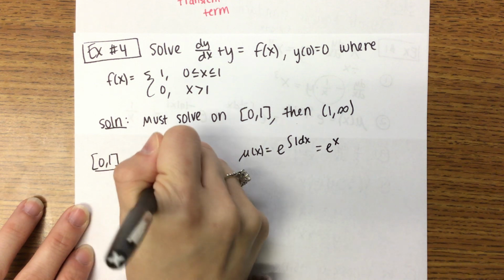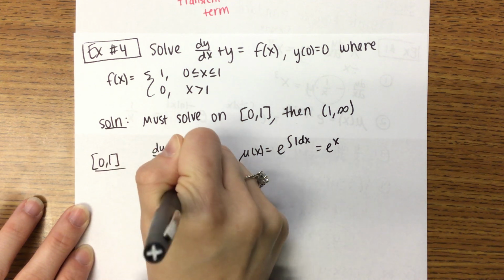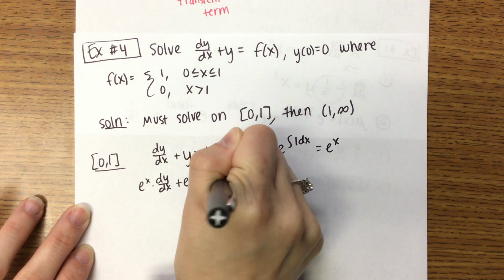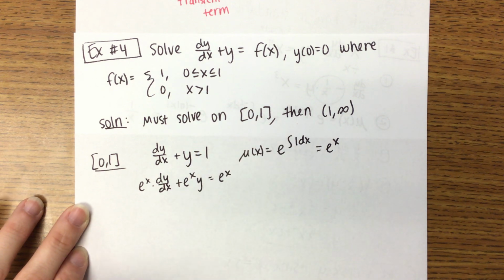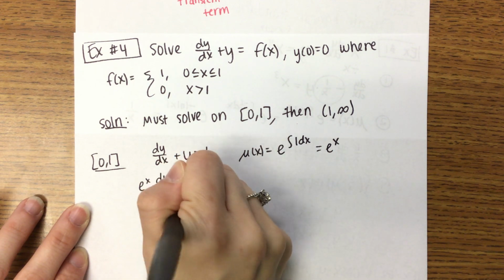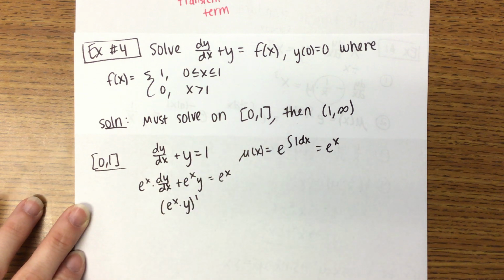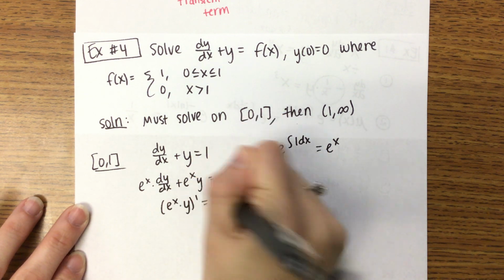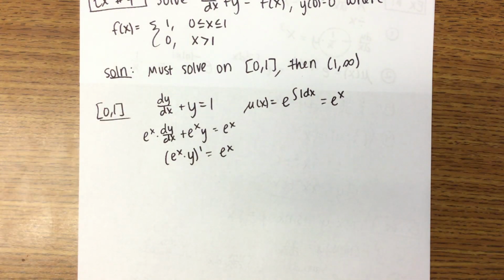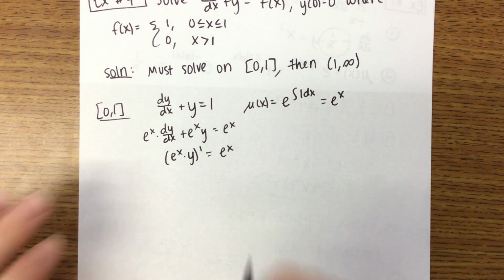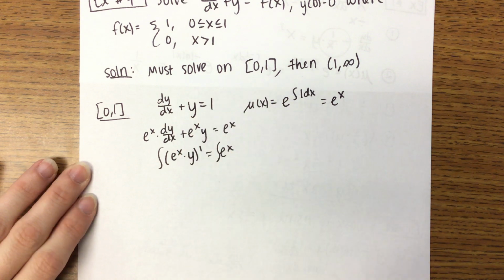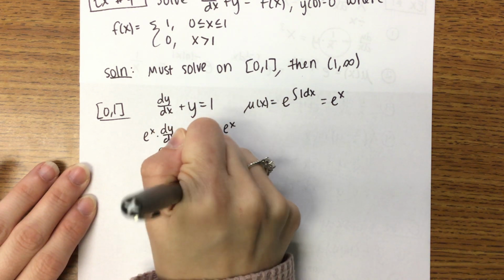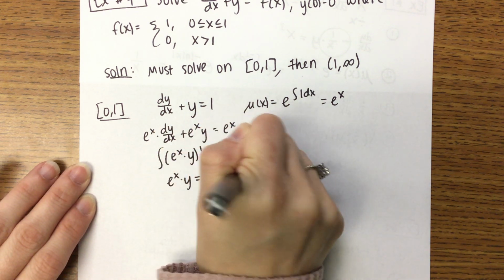Left side, we get e to the x dy/dx plus e to the x times y equals e to the x. Left side, if we do everything correctly, should be the derivative of the product e to the x times y. Integrate, we get e to the x multiplied by y is equal to e to the x plus c.